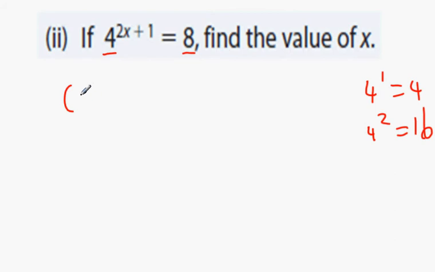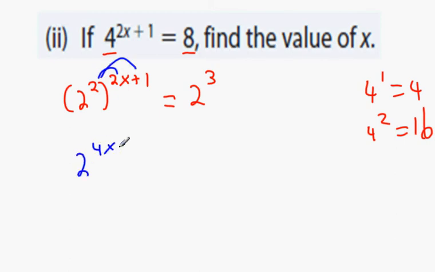2 squared. And what power of 2 is 8? 2 cubed. Okay, now what rule do we use for the left side? Multiply. And what do I get? 4x plus 2. Good man. And right side is there. Now what do I do?